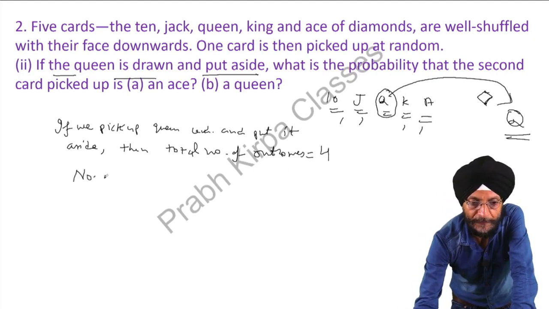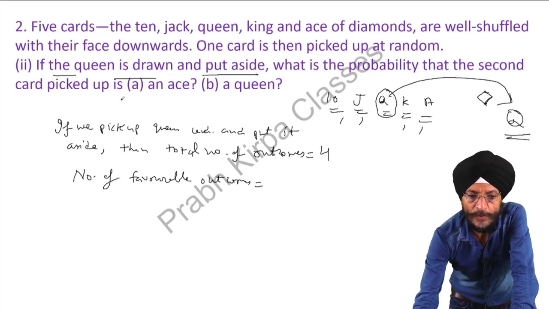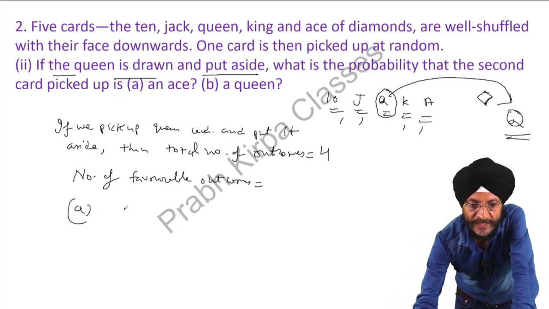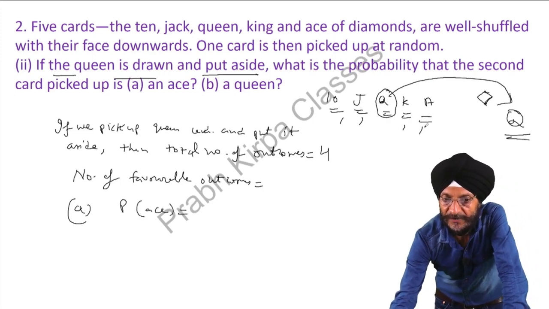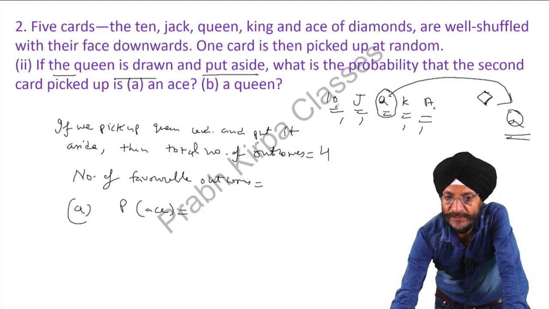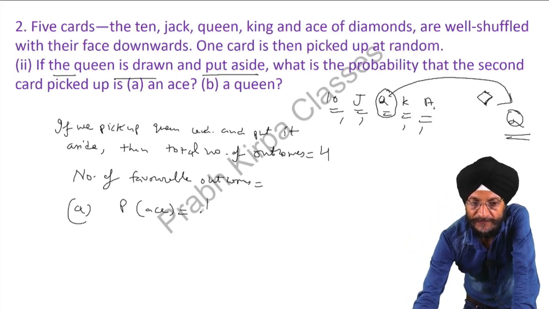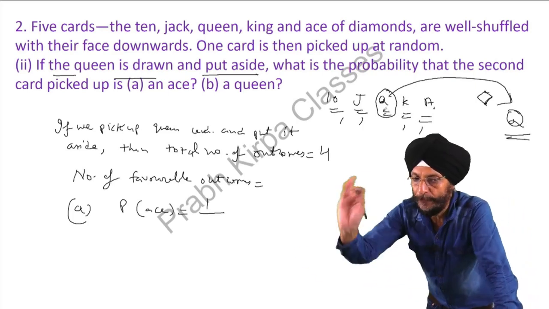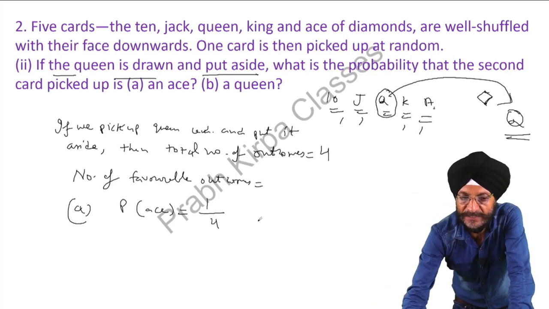Now for the number of favorable outcomes, we have to find the probability that the second card picked up is an Ace. Probability of getting an Ace: out of these balanced 4 cards, the Ace card is only 1. There are only 4 cards balanced because the Queen card has been put aside, so it is to be divided by 4. So the probability of getting the Ace card is 1 over 4.